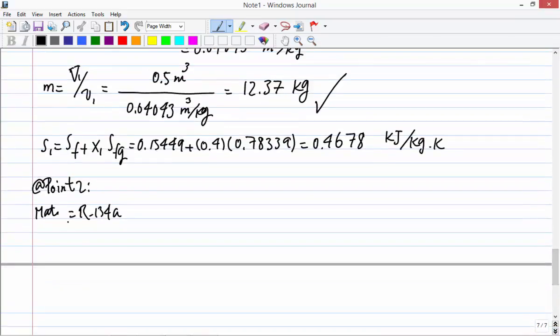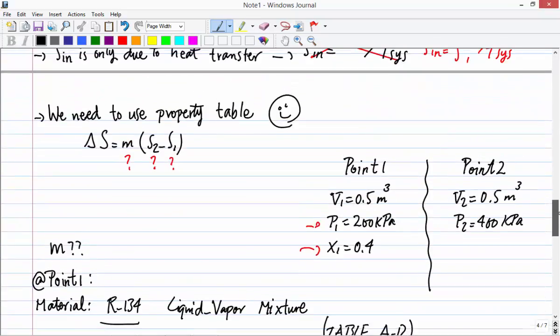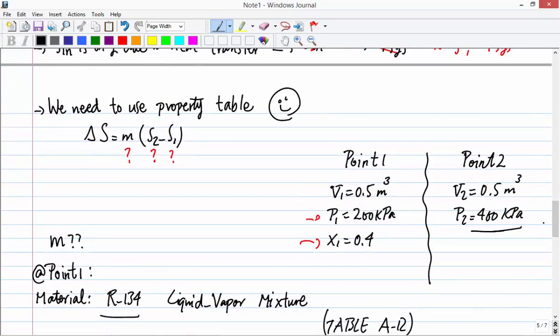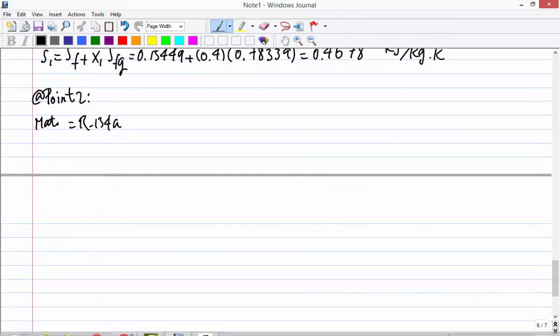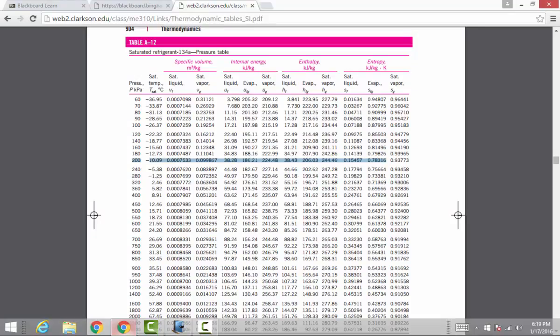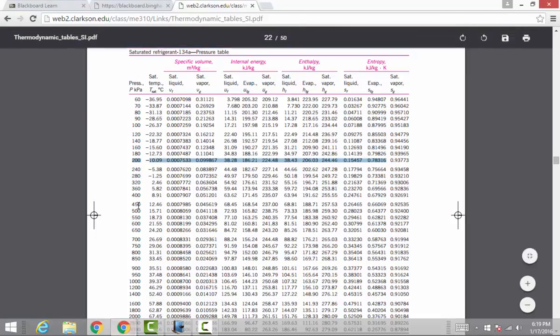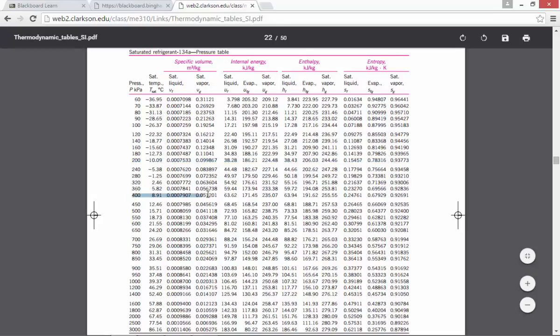Now at point 2, based on our summary table, pressure is 400, right? So if I go to my table again, 400 is there. But wait a second.